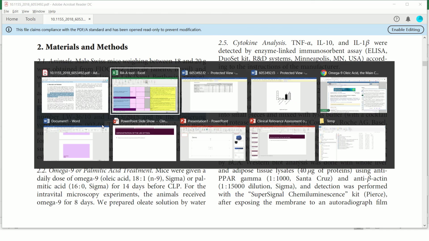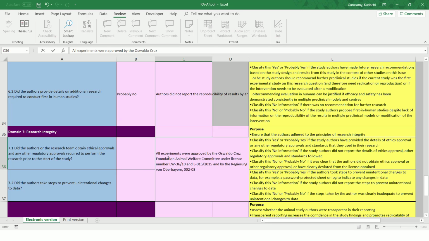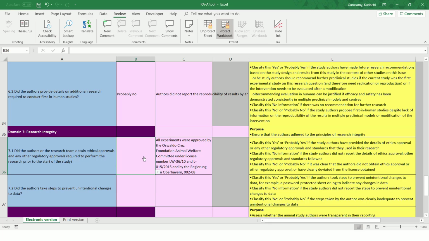I'll just copy that and paste it. And now I'll say probably yes. Did the authors take steps to prevent unintentional changes to data? They have not reported how they manage the data at all, so we'll say no information.